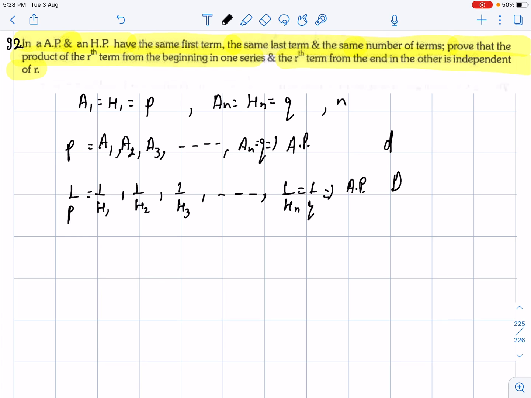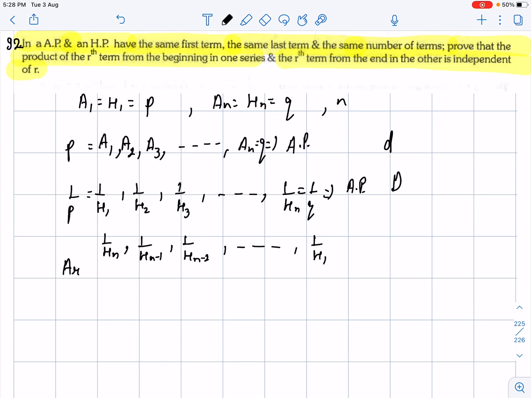Now, if we want the rth term from the beginning in the first series, that is Ar. If we want the rth term from the end in the other series, what would we have to do? I would have to reverse the series. So the reversed AP will become 1 upon hn, 1 upon hn minus 1, 1 upon hn minus 2, and so on up to 1 upon h1.